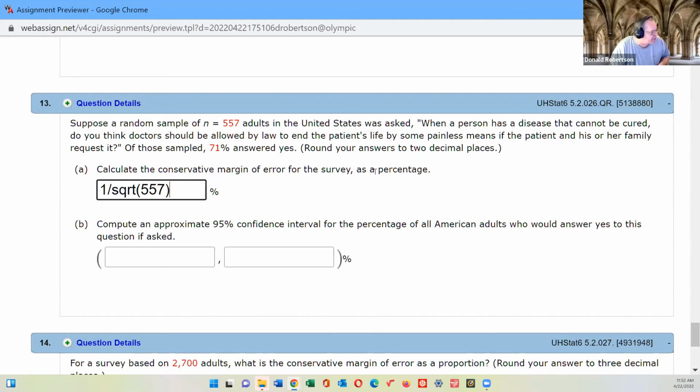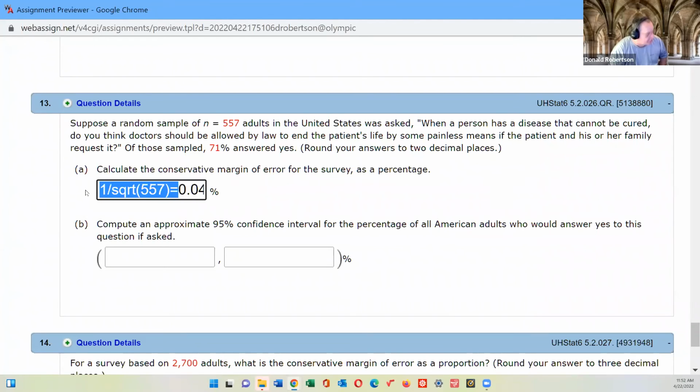And they want the answer as a percentage. So here goes. 1 divided by the square root of 557. And the number I've got is 0.0423 and a lot of other digits, right?